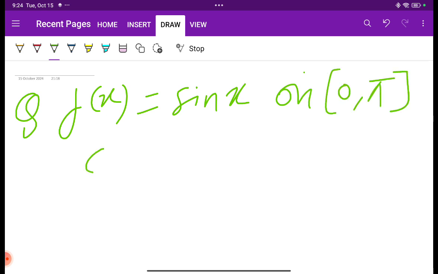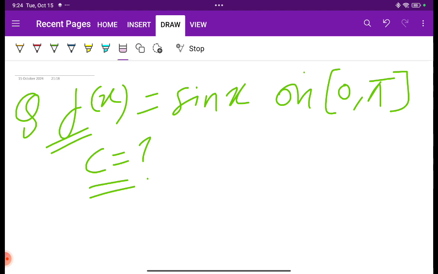Now we need to find the value of c. This function is continuous in the closed interval and differentiable in the open interval. Now we will find c.